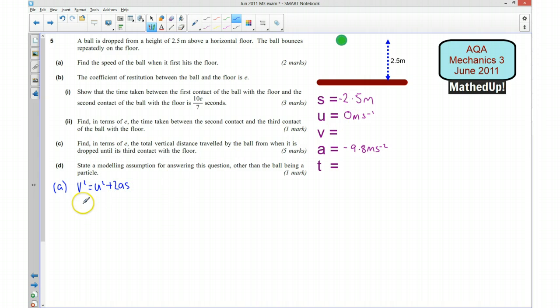If I substitute in what I know, v squared is equal to 0 squared plus 2 times minus 9.8 times minus 2.5, and that gives us 49, which means v is going to be equal to root 49, which is 7 meters per second.